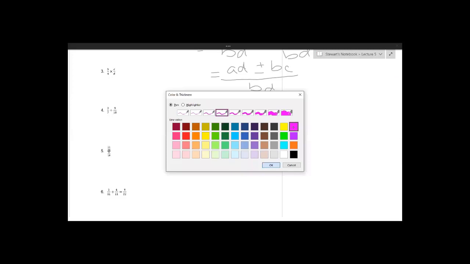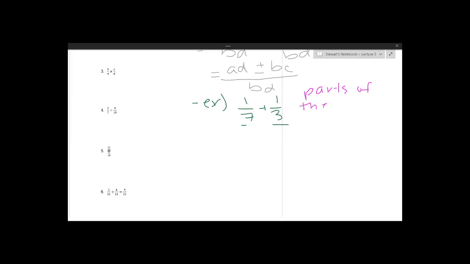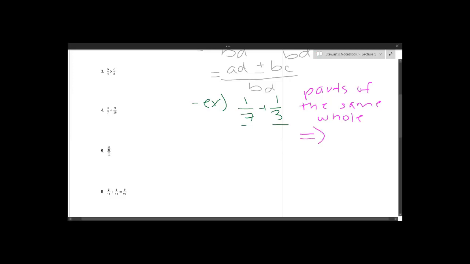Which, just to drive the point home, we want to think about them as parts of the same whole. And to do that, we look at common denominators.